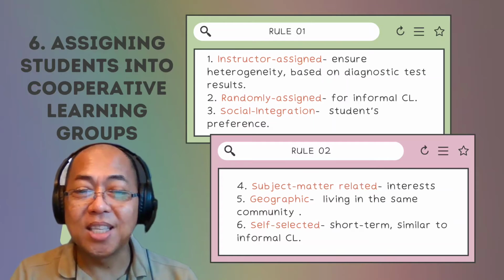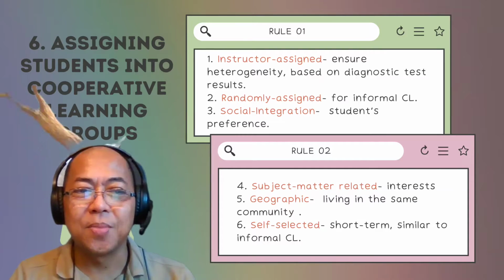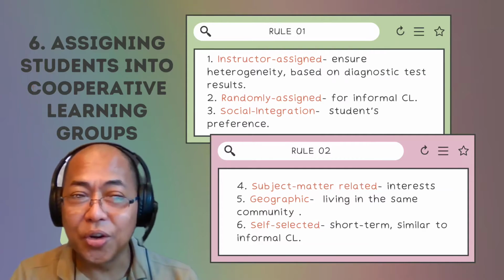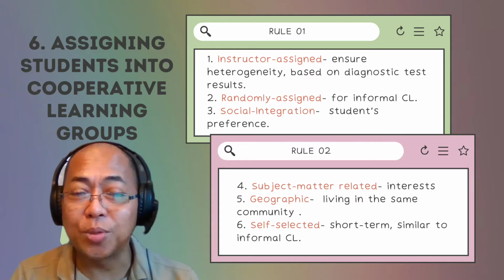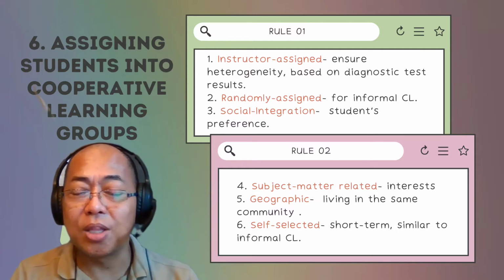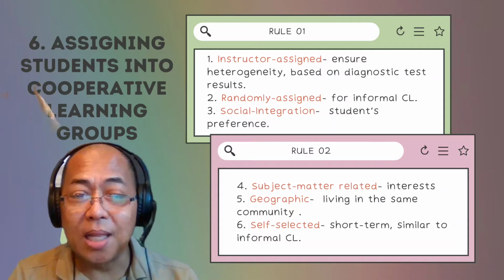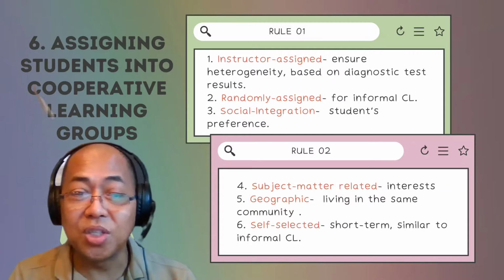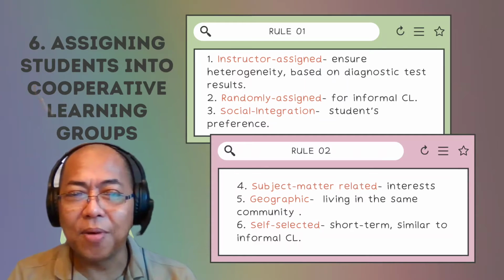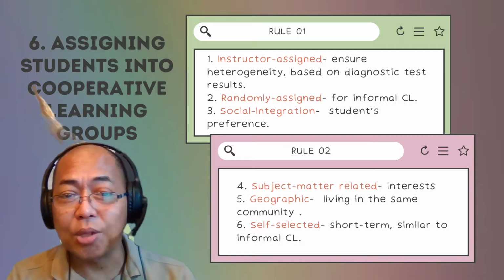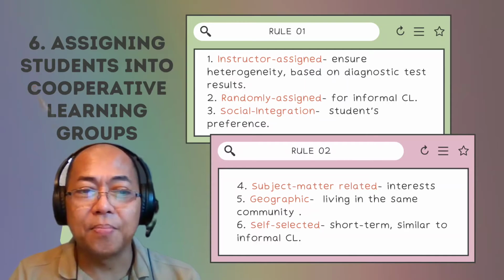First, instructor assigned groups. The instructor can assign learners to groups to ensure that the groups are heterogeneous in terms of their academic ability, ethnic background, gender, and any other factors that the instructor feels are important.